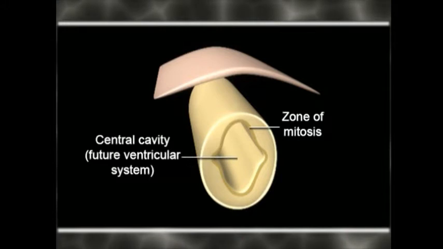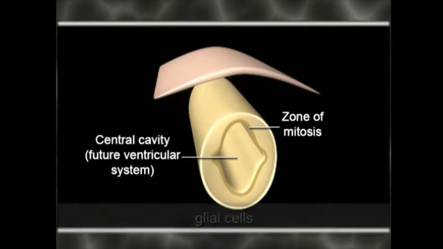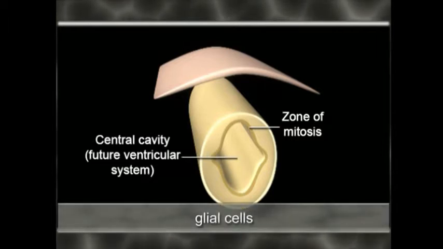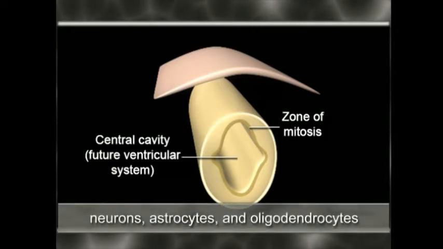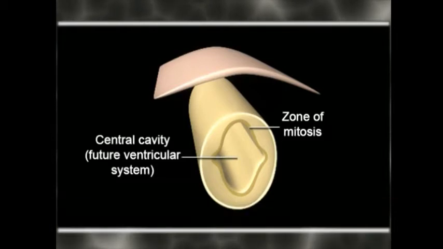Now, this zone will give rise to neurons and also to other cell types, which are going to be found in the central nervous system, called glial cells, which are non-neuronal but supporting cells. So these cells are going to give rise to neurons, astrocytes, and oligodendrocytes, all of which are specifically central nervous system cells.